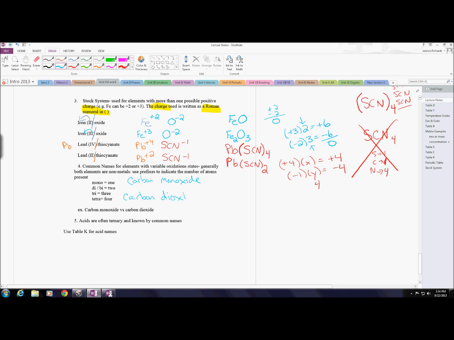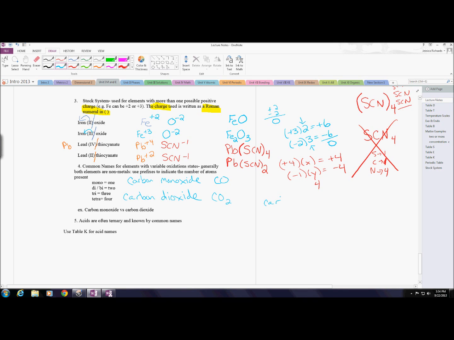Now they could name these with the stock system, and this would be carbon(II) oxide, and this would be carbon(IV) oxide, but for a lot of things we use this other naming system where you just state the number of negative ions. So the mono in front of the oxide means just 1, so carbon monoxide, CO. Carbon dioxide, the di in front of the oxide means 2, CO2.